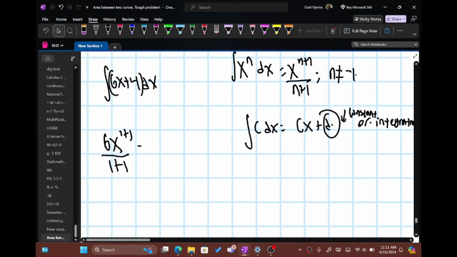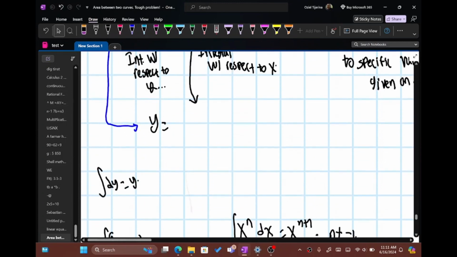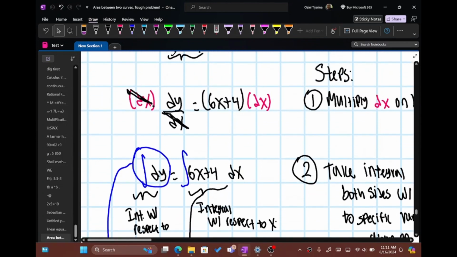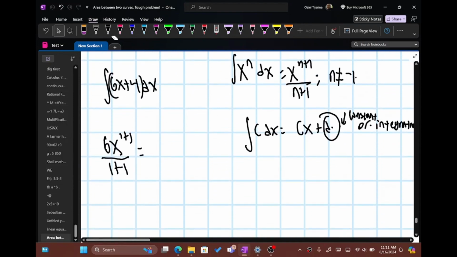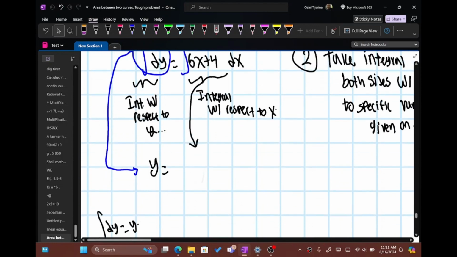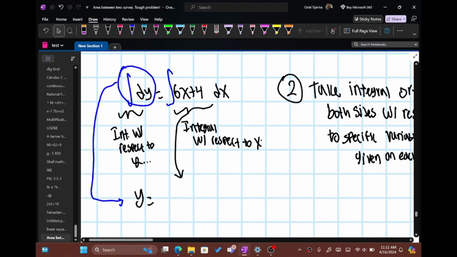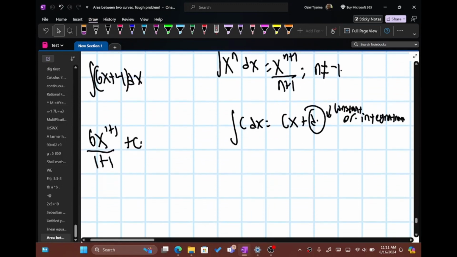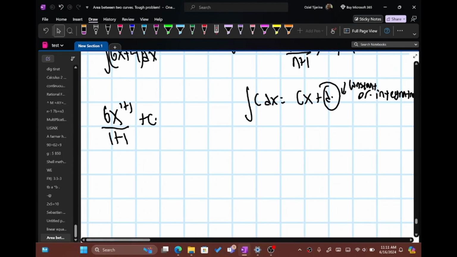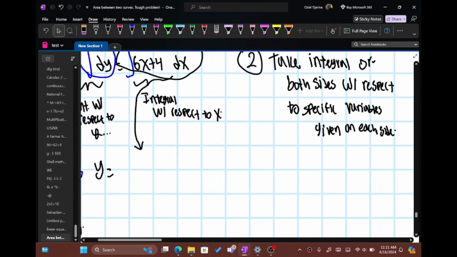So it's going to equal 6x^(1+1) over 1+1, which is 3x squared, plus c.